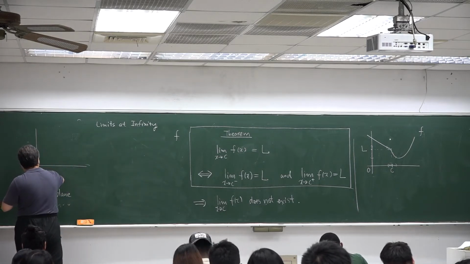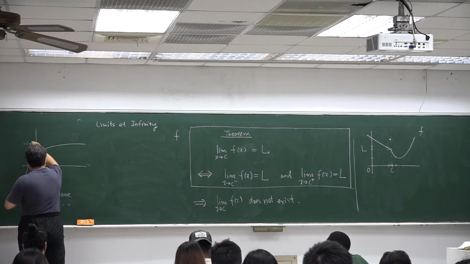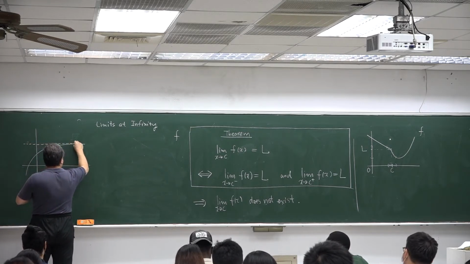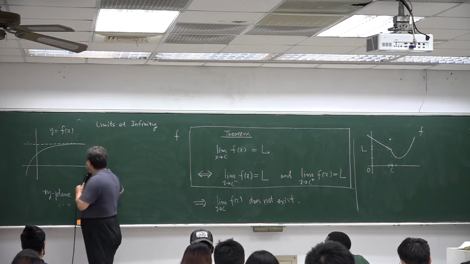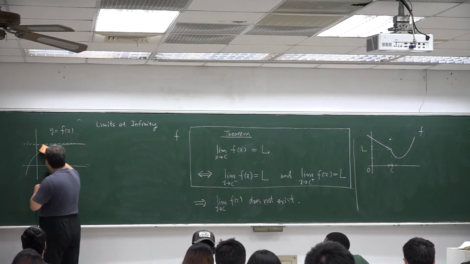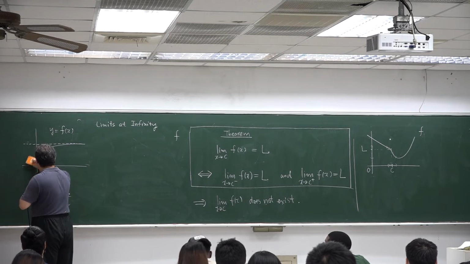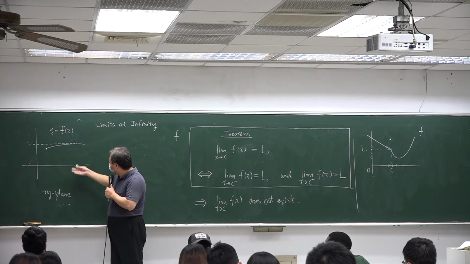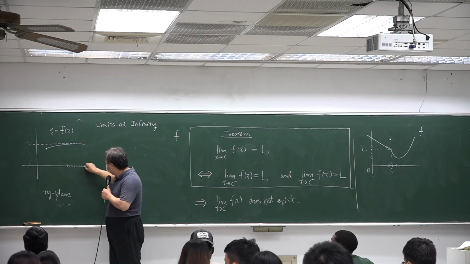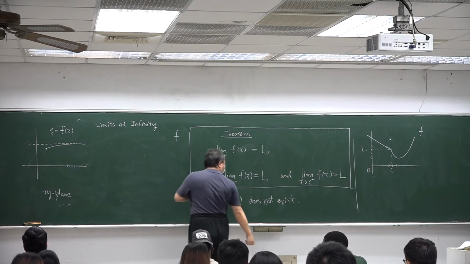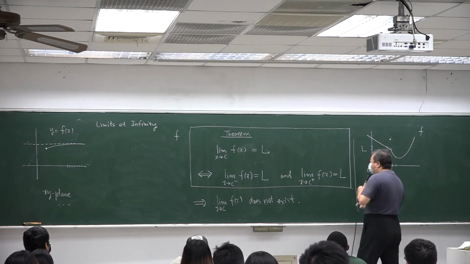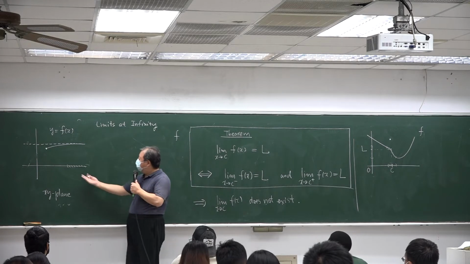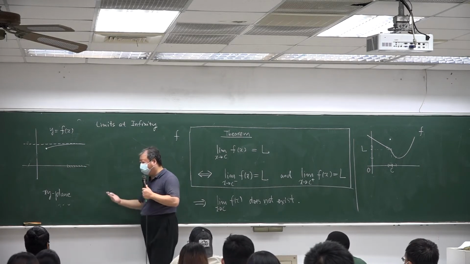Suppose we have a function that looks like this, y equals f of x. And this function is defined for large enough x, quite similar to a neighborhood of C. But now C is at infinity, so for x large enough, or some interval.